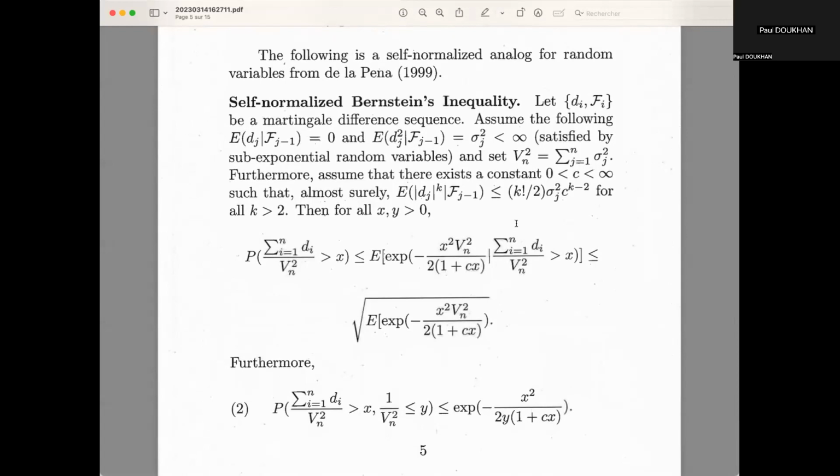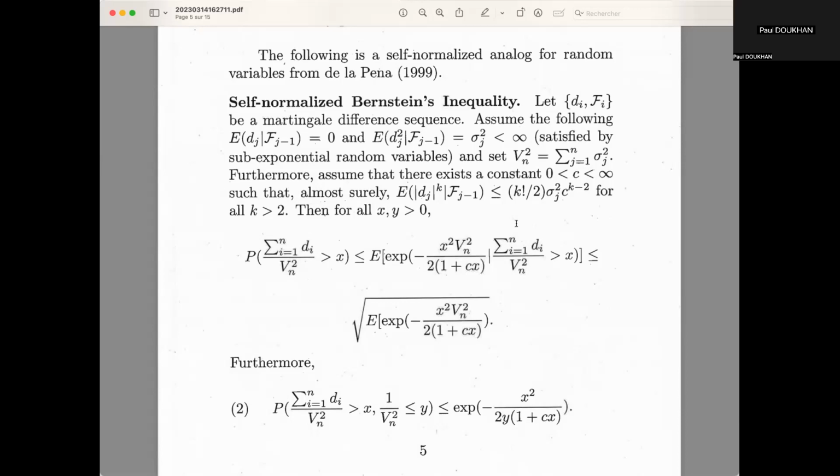Okay, so now if I let G, the G that I had put there, be the indicator that 1 over the conditional variance is less than y, it transfers to the upper bound, and then you get this inequality.